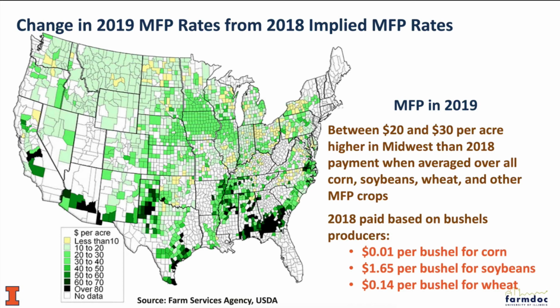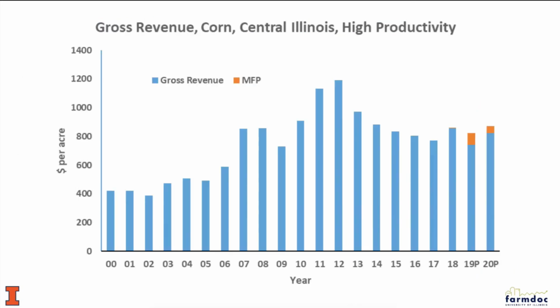So if you're looking at 2018 and 2019 income for Central Illinois, there are going to be three impacts. Obviously, our prices have not moved up for corn or soybeans. We're going to have a $20 to $30 per acre higher MFP payment, but overall our yields are projected to be much lower. This shows our gross revenue projections for corn in Central Illinois.